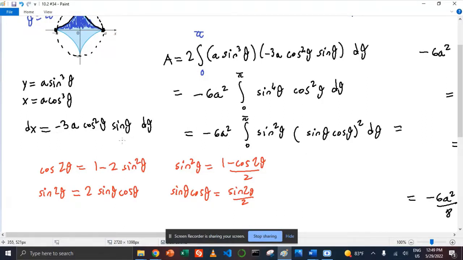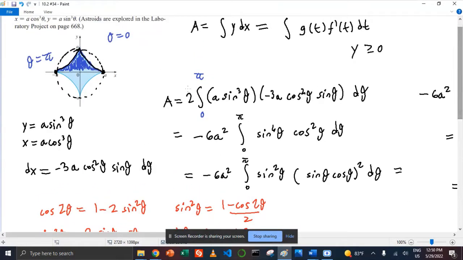The reason it's negative is because when we're going along this path, we're really going backwards, in a counterclockwise manner. And when we do this, our x is actually decreasing. So our derivative of x with respect to theta is actually negative.